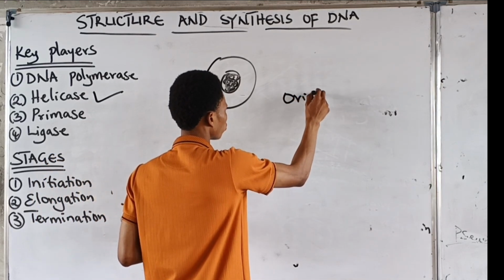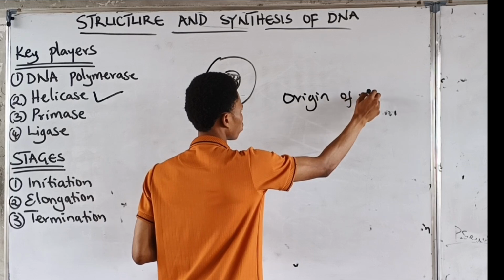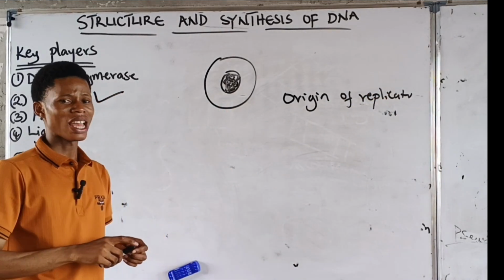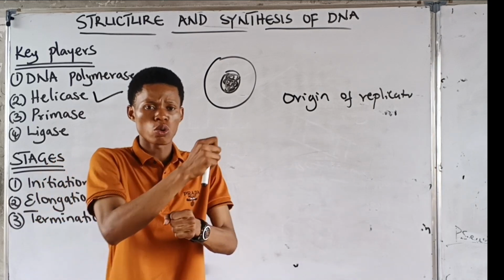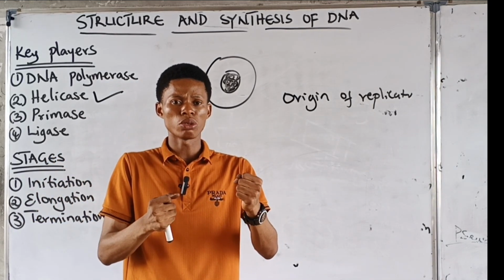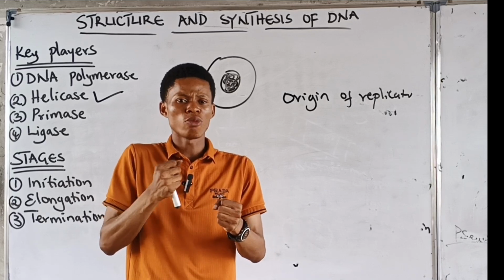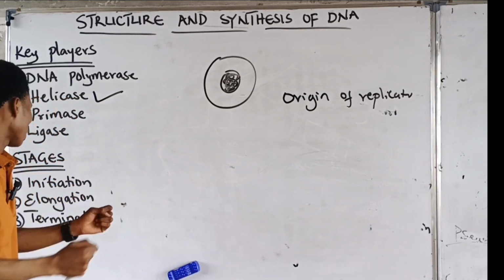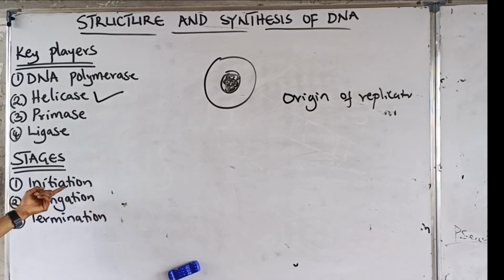Origin of replication. And this initiation is initiated by helicase. Helicase is the enzyme that will unwind the two strands from each other by breaking the hydrogen bonds. And that unwinding starts from the origin of replication. So once the unwinding has started, that is the initiation phase.